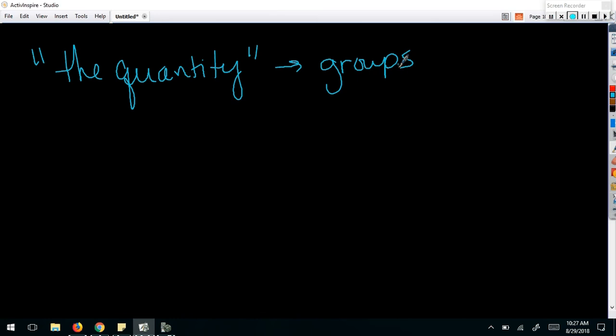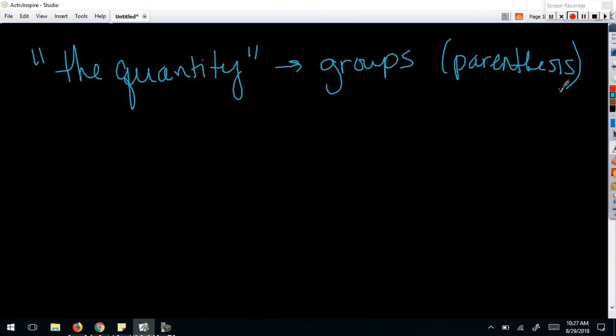So in other words, if I said the quantity of x and 2 divided by 3, that would tell me the x and 2, I could put parentheses around, okay? When I say the quantity, it groups, so we need to think some parentheses. I want to make sure I tell you everything before we just jump into it.